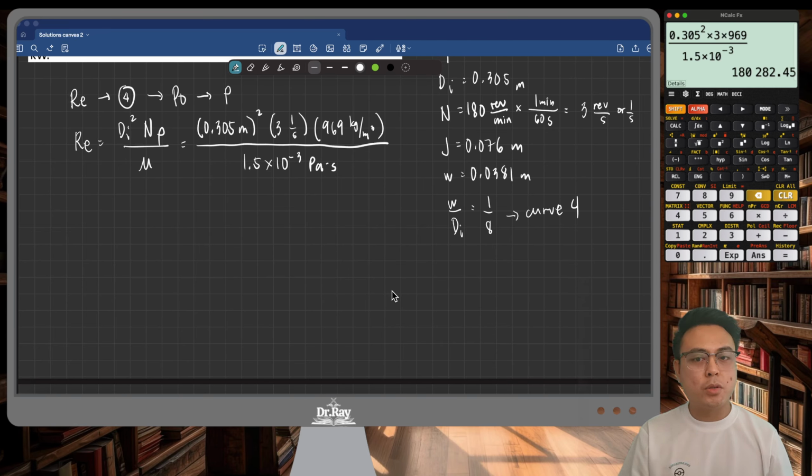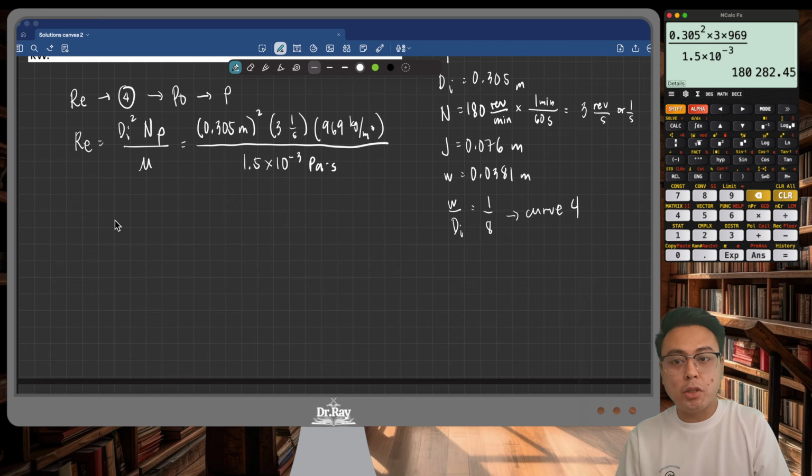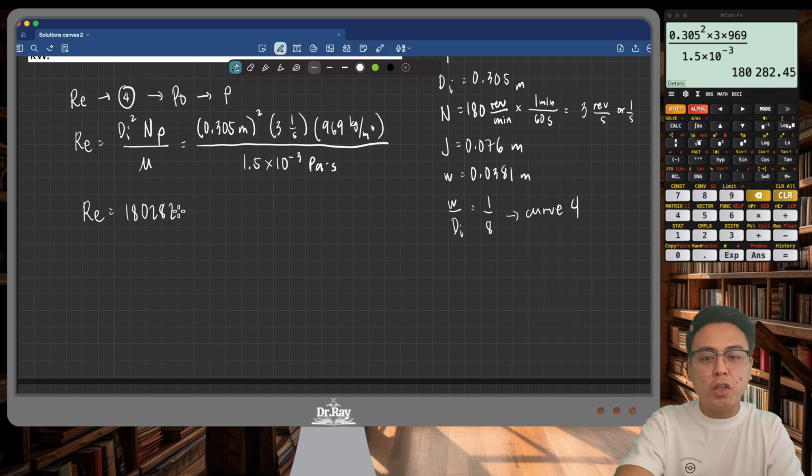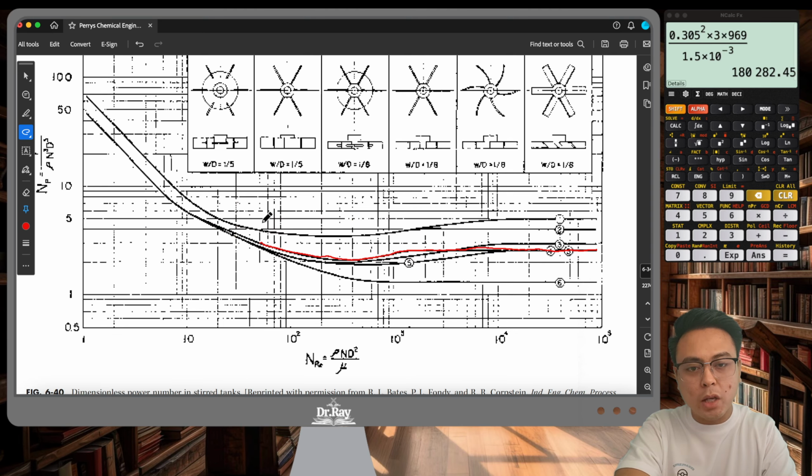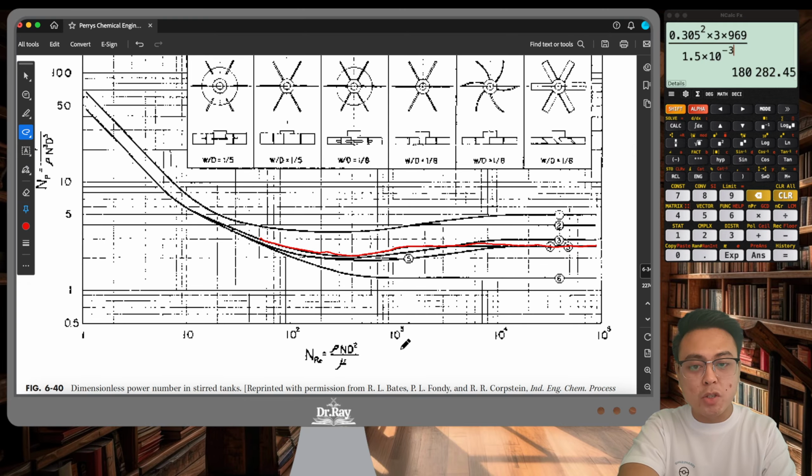My Reynolds number is 180,282.45. I'm just going to write that as 180,282. Because if you take a look at your graph, you don't have to be very exact about it because this is a logarithmic chart both in the x-axis and in the y-axis. So we need to just convert that into an exponential form.